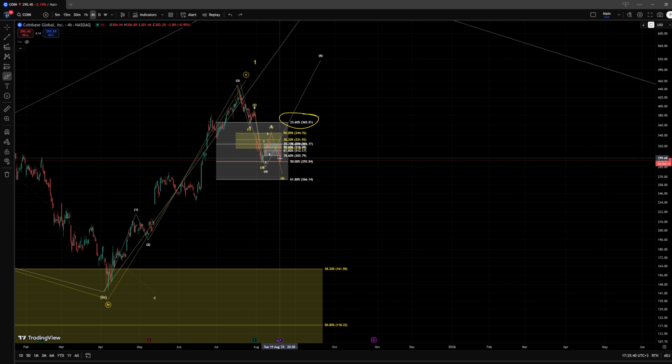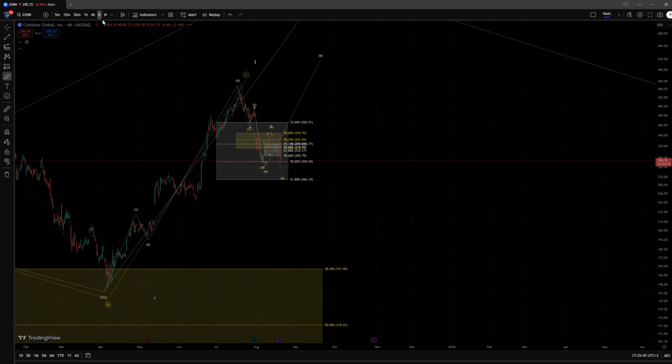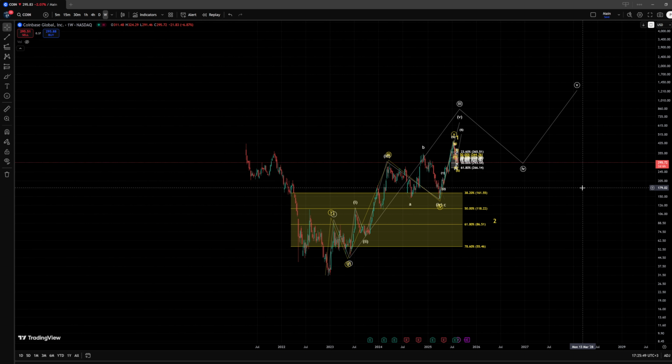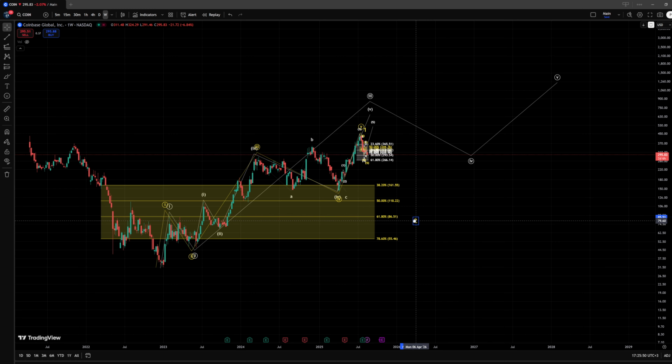Now, if we actually break this support zone, I would still have an idea on how we could still track higher without looking necessarily for this wave 2 correction in yellow.